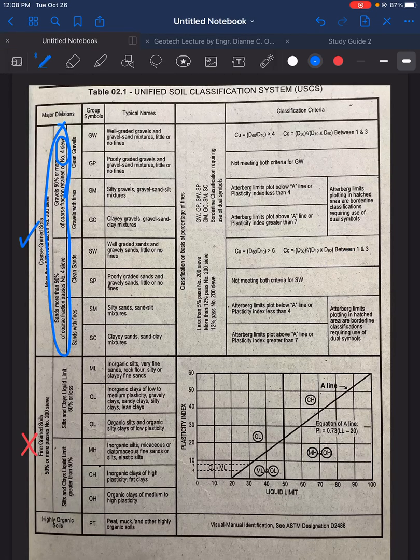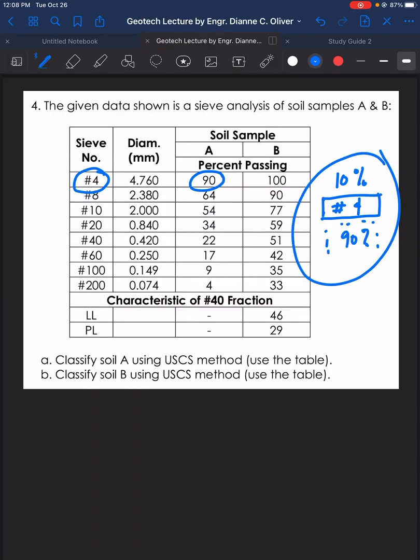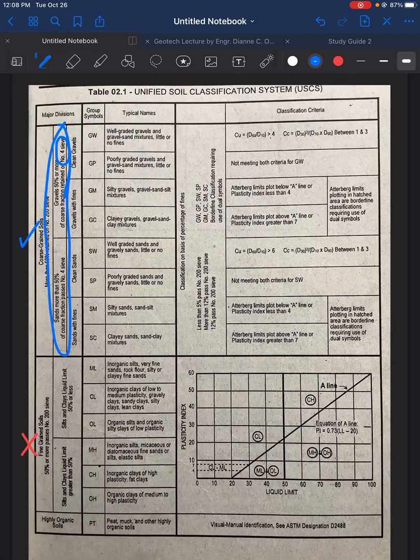So let's go back to the criteria here. So which one will we use? So what can we conclude here? 90% is passing, then 10% is retained. That is a finer type of soil. So if it is finer, therefore, between these two, we will choose sandy. Okay? What does this part here say under sandy?